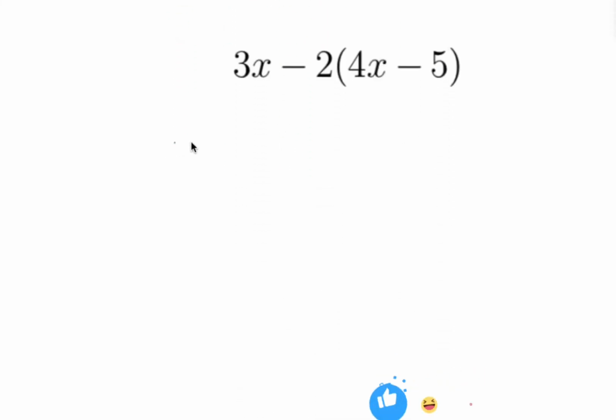Okay, now here 3x write as it is. Here we are also using PEMDAS rule, because we can't subtract first, because here multiply also, right? So here given two operations, subtraction and multiplication, so we do multiplication first.